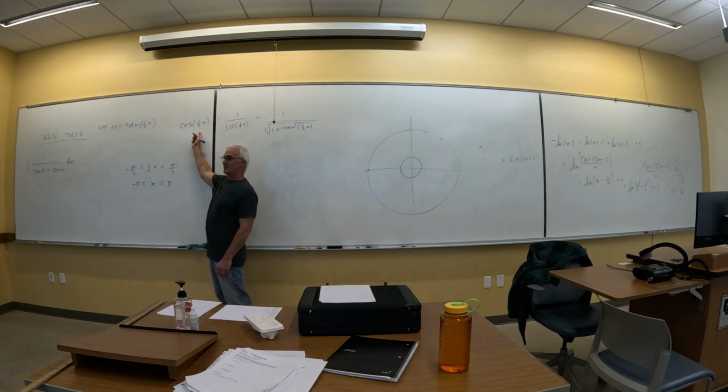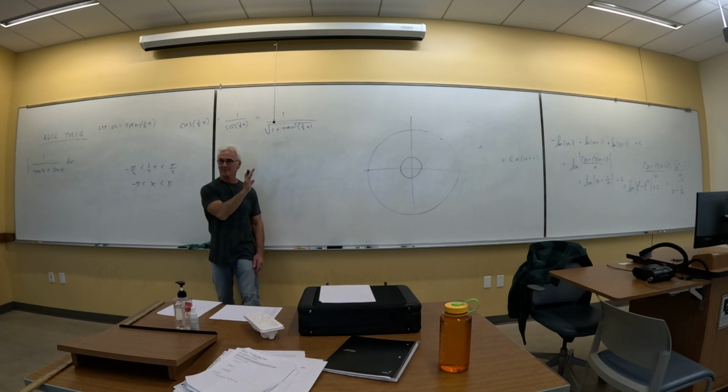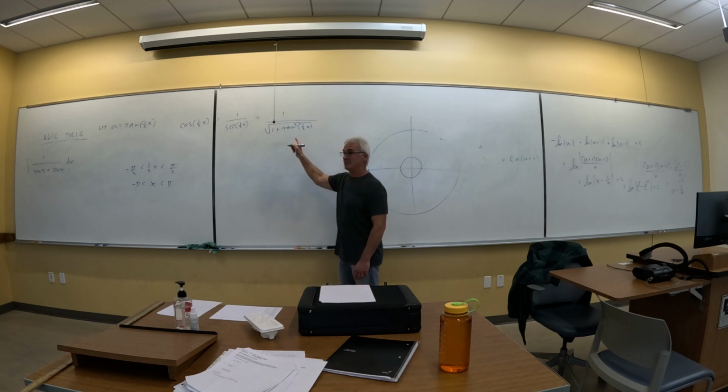Tell me about the cosine function between negative pi over 2 and pi over 2. I'm on the right side. Cosine's always what? The right side of the y-axis. It's always positive. Cosine is strictly positive here. So therefore secant is strictly positive. So do I need an absolute value? No, this is going to be positive.